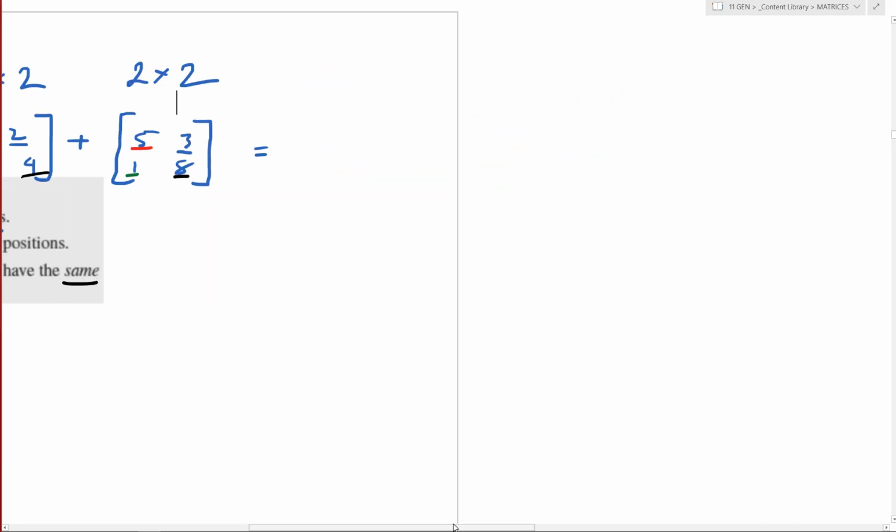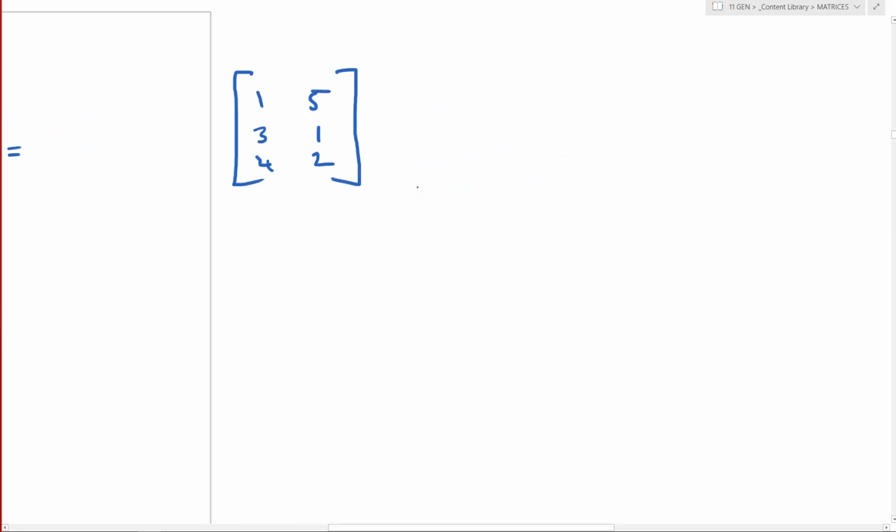What you can't add is, say, for example, this. Let's just make a random one. And let's say you have like minus, and then it'll be like this. You can't actually do these because there's not enough elements in the second matrix to do it. This is a 3 by 2, so 3 rows, 2 columns, and this is a 2 by 2.